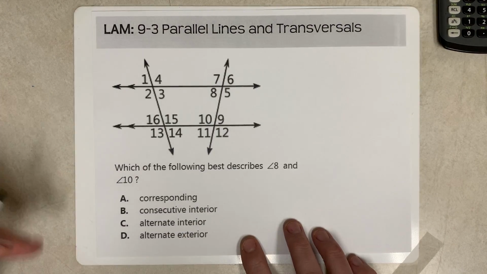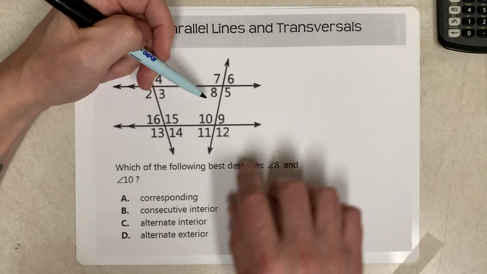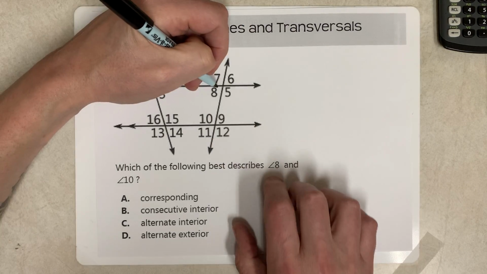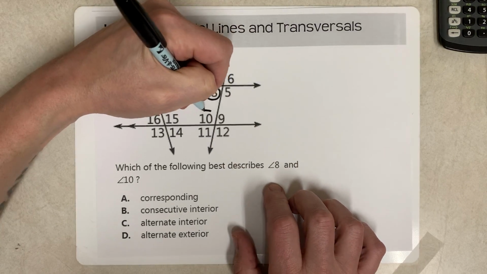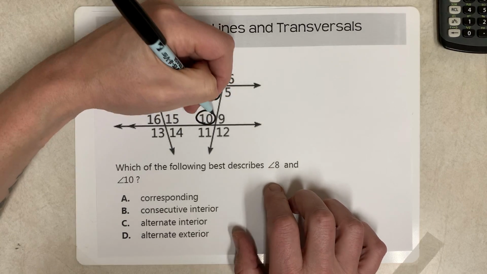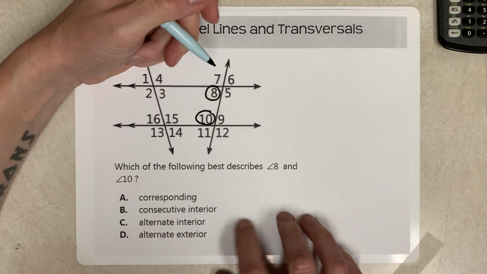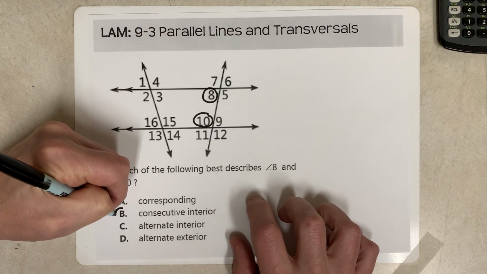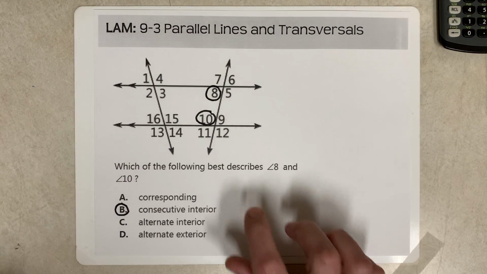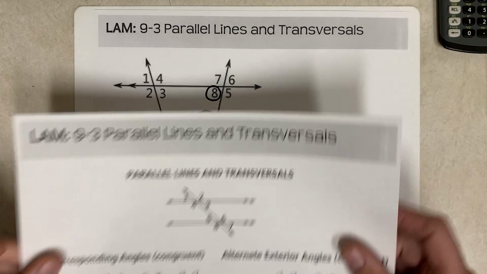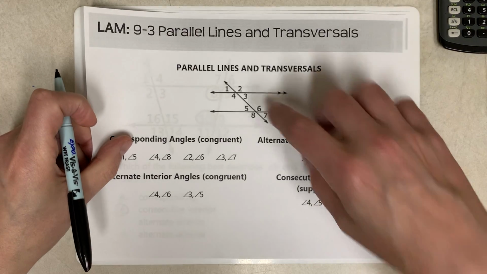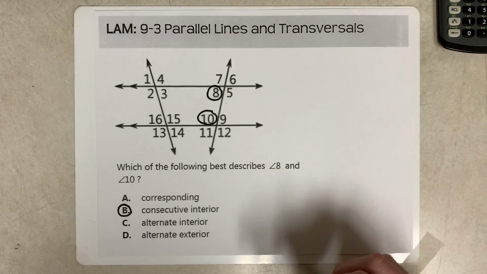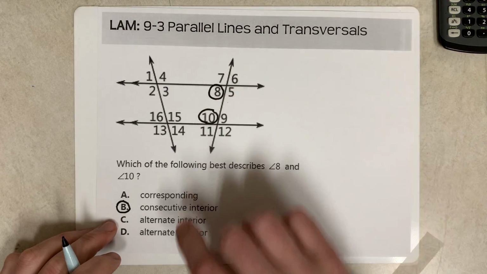Which of the following best describes angles 8 and 10? These two are on the same side of the transversal, and they're in the interior, and we call those consecutive interior. And if you need to, you can always look back, and consecutive interior are these, which have the same types of positions here and here.